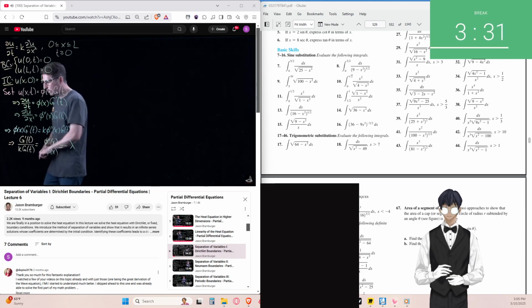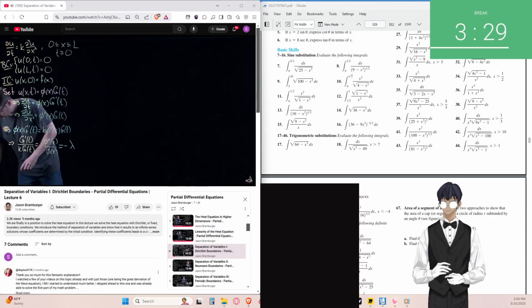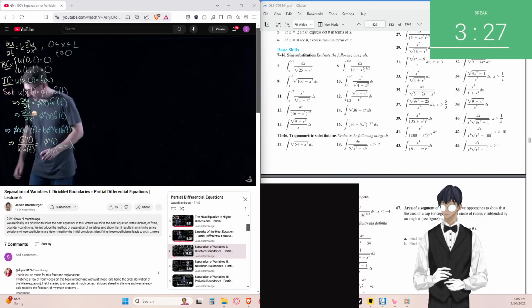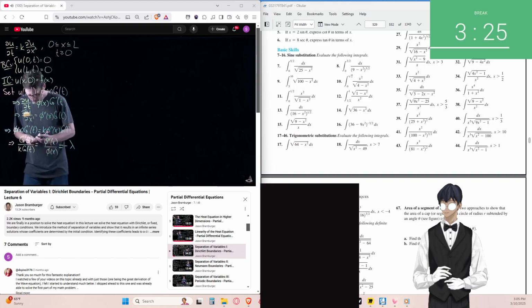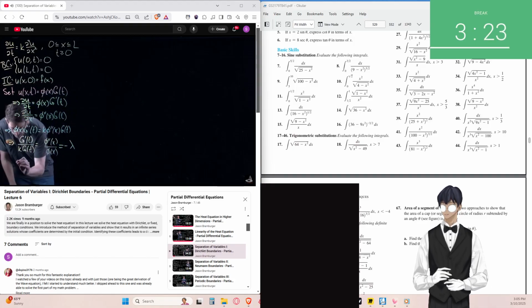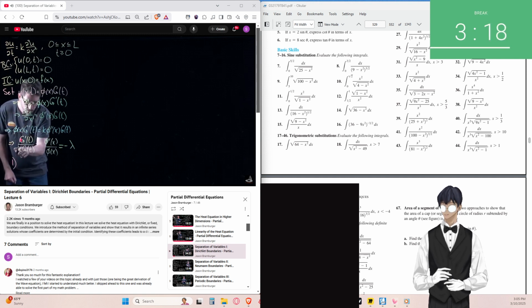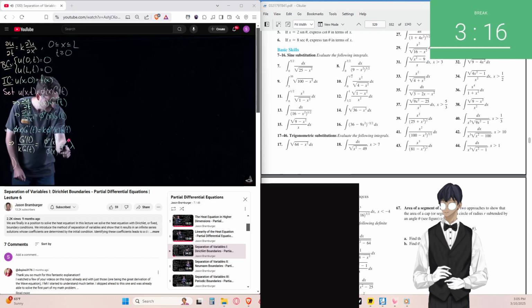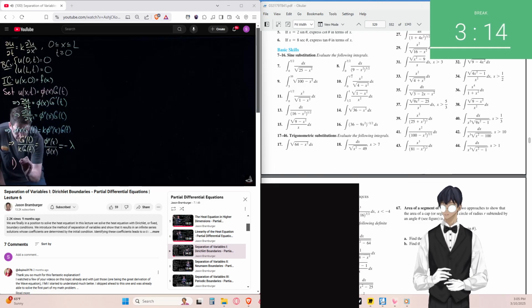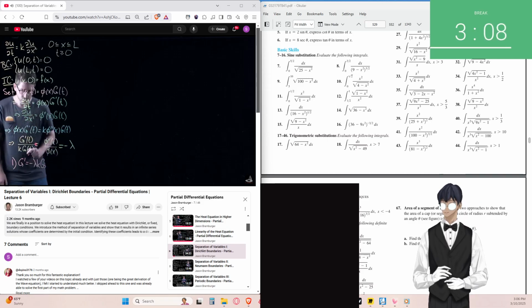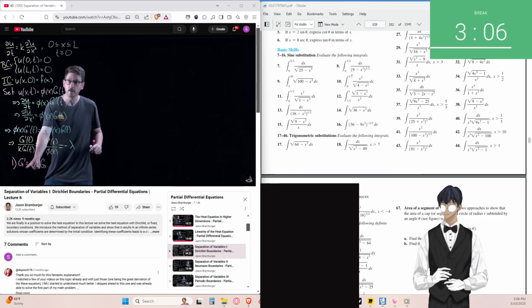But this gives me two equations. So let's take a look at what my two equations become here. Well, the first one is g prime over k g equal to minus lambda, which is the same as g prime equal to minus lambda k times g. That's an ordinary differential equation in t.